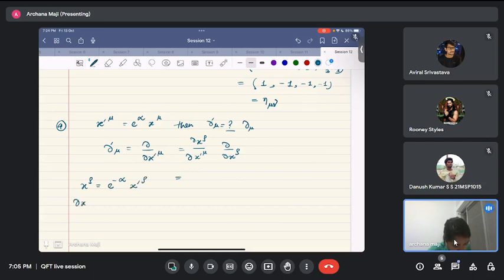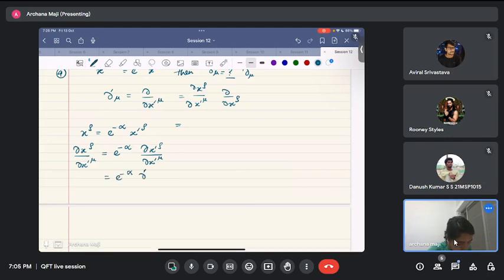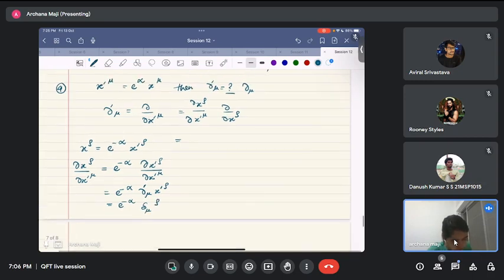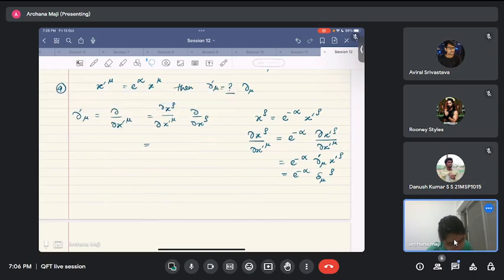Okay, so del x rho del x prime mu is equal to x prime rho del x prime mu, which is del prime mu x prime rho. Okay, so you can see that it's Kronecker delta mu rho. So this we use here. This is equal to exponential minus alpha del rho, which is equal to rho will be replaced by mu. That is it.